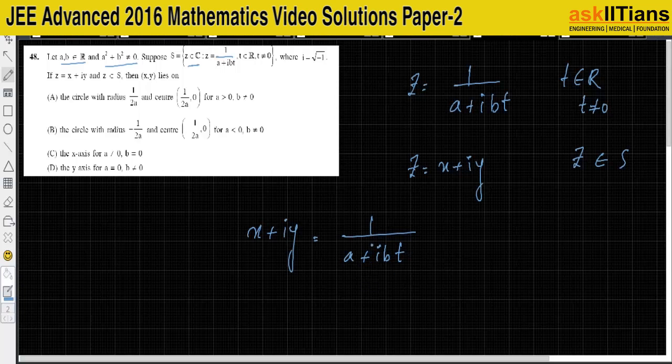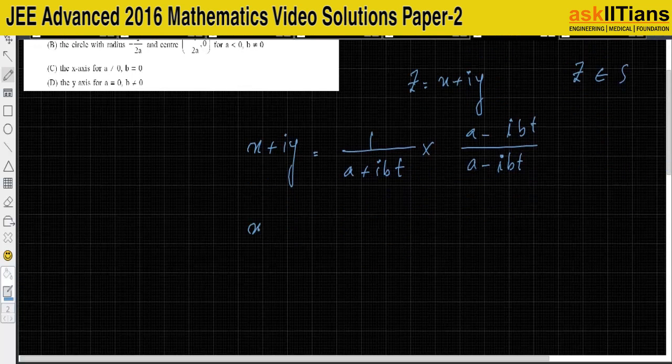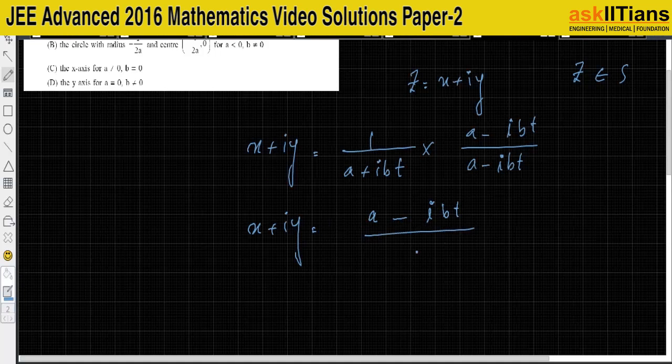So if I take the conjugate of this and equate, the conjugate will be a minus iota bt. So I'll get nothing but x plus iota y equal to a minus iota bt divided by a square plus b square t square, right? Iota square will be minus 1.